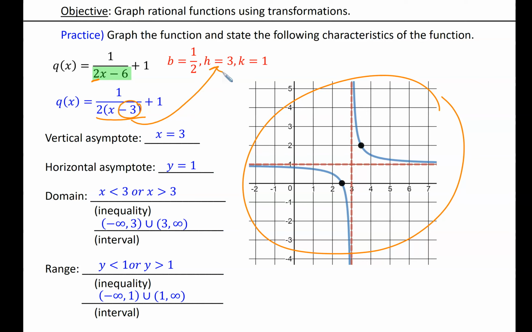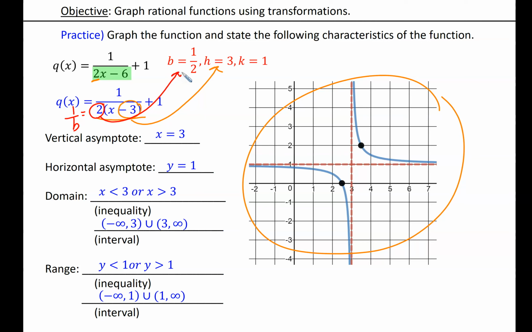The other thing is, remember that by definition, whatever this value is, that is the parameter we call 1/b. So we have to take its reciprocal, and look at that reciprocal value before determining if we have a horizontal stretch or compression. The reciprocal of 2 is 1/2.